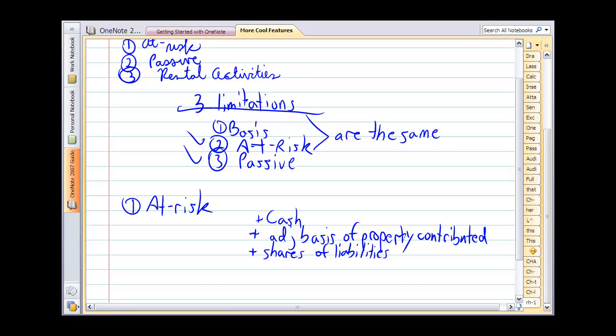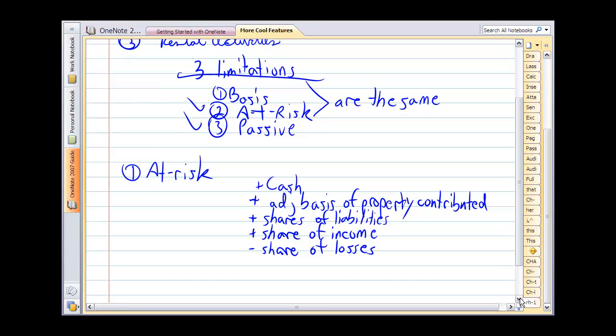Okay, and then in addition, you're going to increase for your share of income, and then decrease for share of losses. Okay, so that's in general how you calculate the amount that you have at risk.